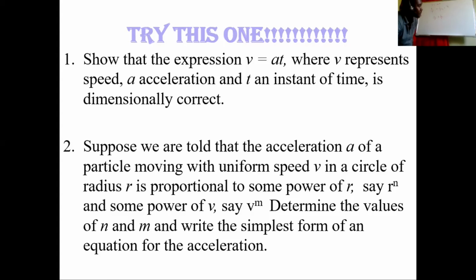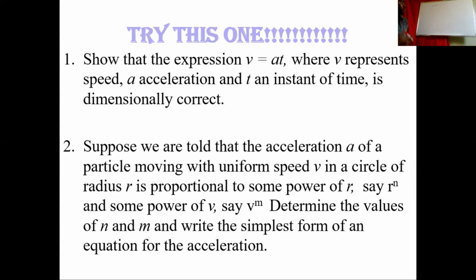Alright, so this now will need some little thinking. It says that a, acceleration of a particle, is proportional, so we put the proportional sign, to r and v, but it's r to the n and v to the m power.